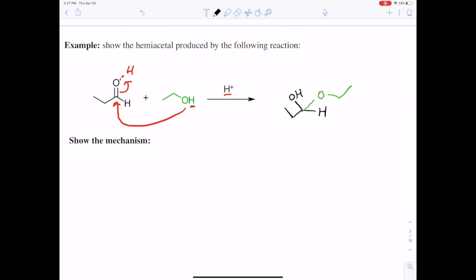So let's take a look at that mechanism. We're going to have a catalyst, an acid catalyst. This will get protonated.